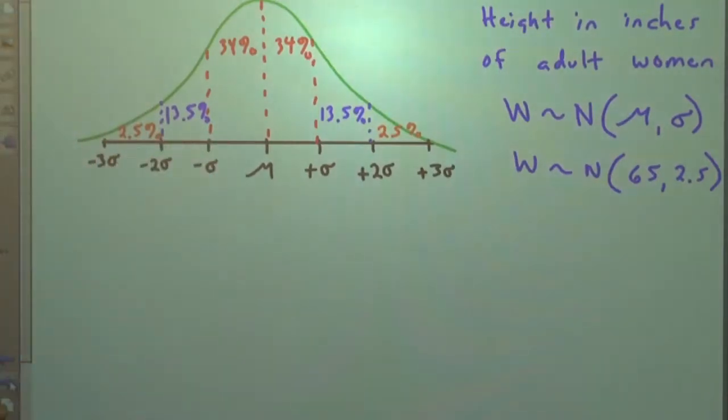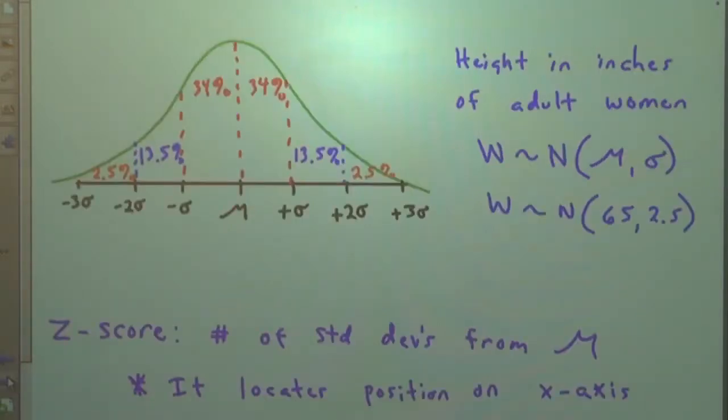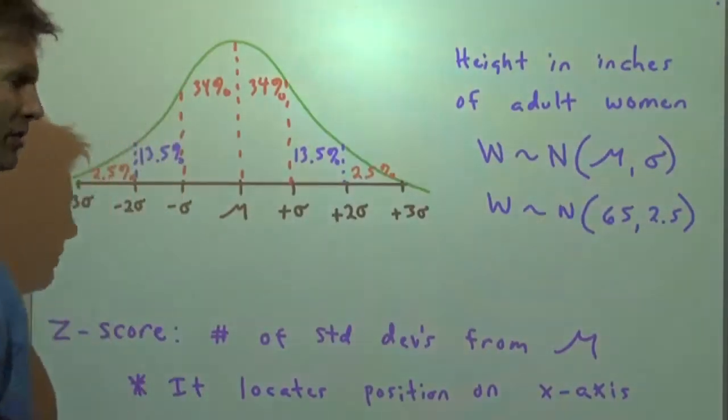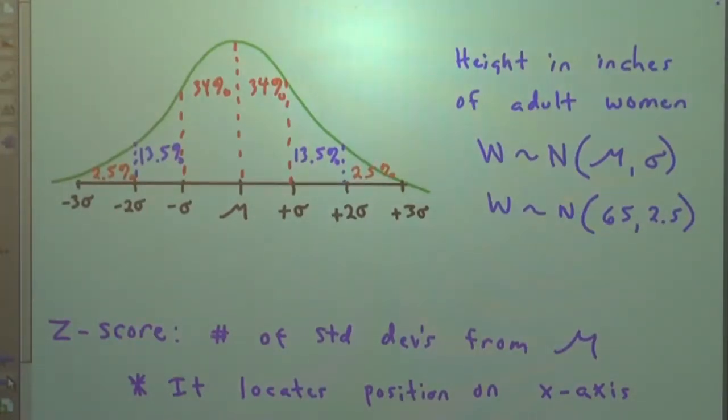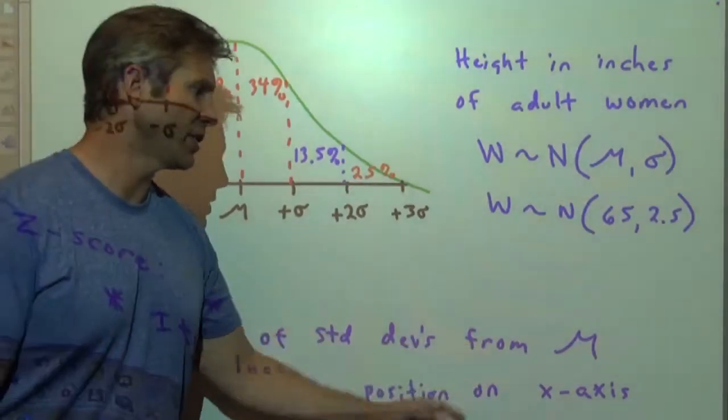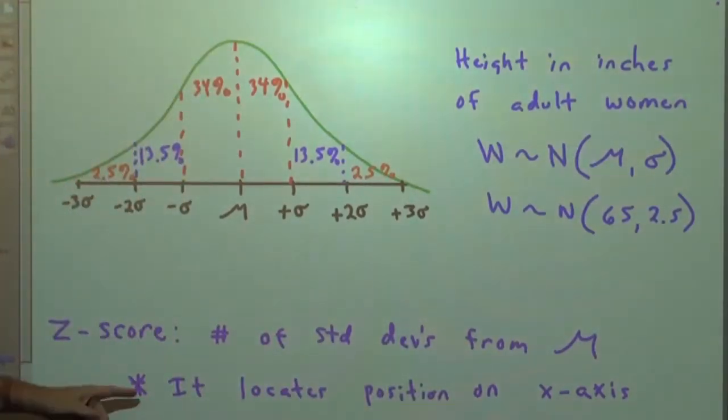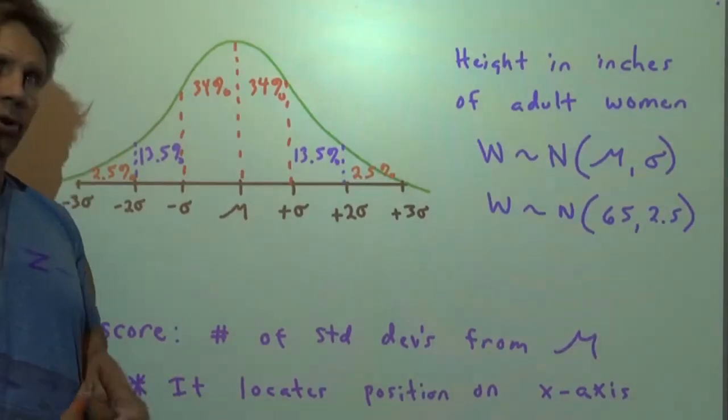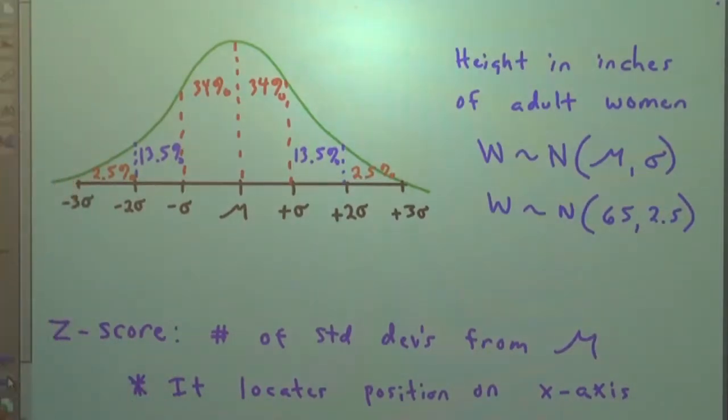Now I have a confession to make. The Z-score for the Zippo thermometers is not really a Z-score for Zippo thermometers. It's a Z-score which tells us in any normal distribution the number of standard deviations we are away from the mean. So it is a location or a position on the x-axis.